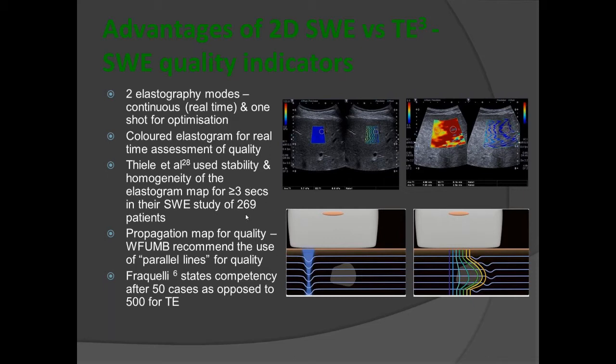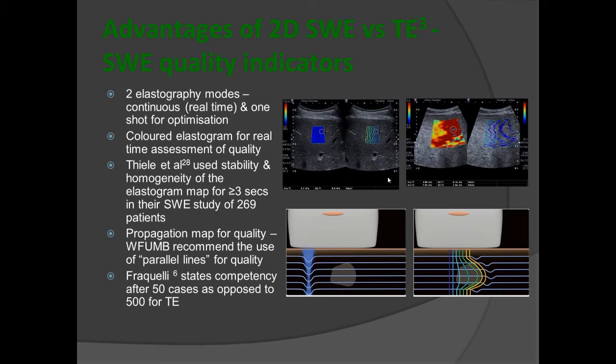So it doesn't matter if you have lines that are at angles as long as they're parallel. You can see these are all parallel lines, and they've obviously widened out as it's gone through the stiffer tissue.